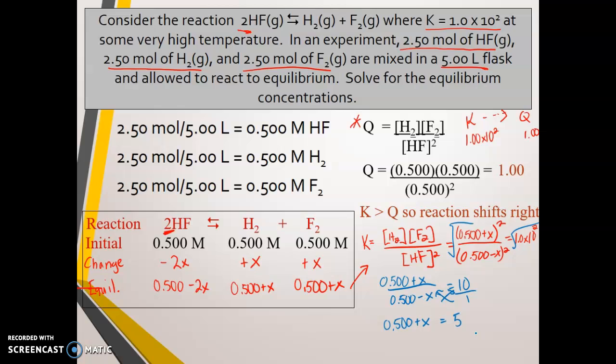And 10 times minus 1x is going to give us 10x. Is that right? Oh, this should have been 2x. I'm sorry, I missed that. So this is going to be 20x.